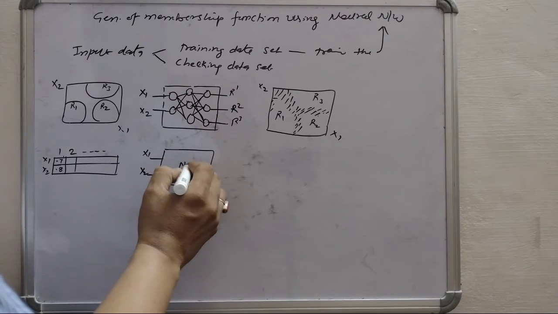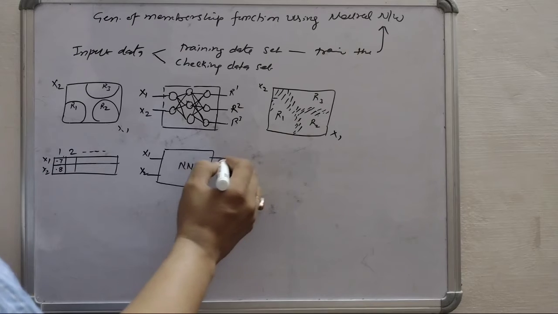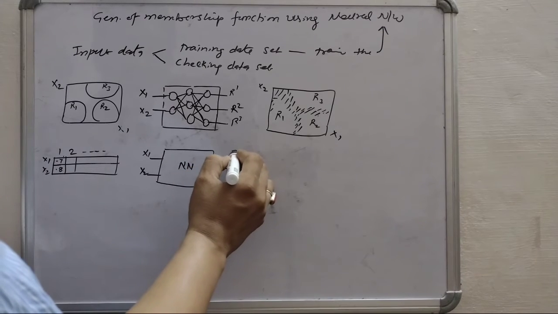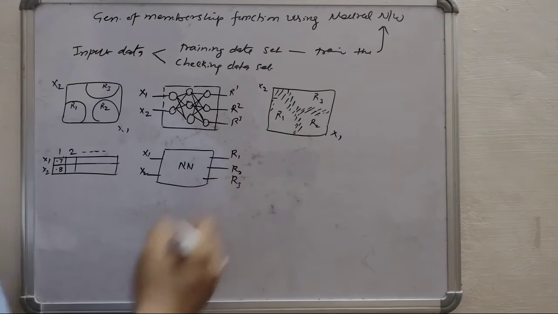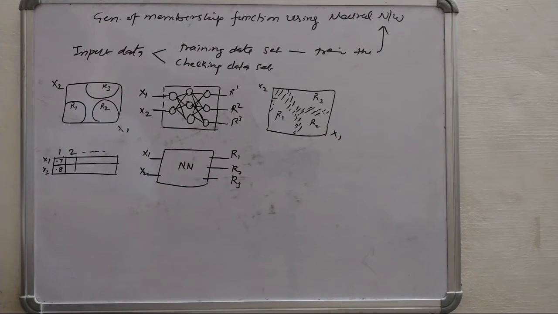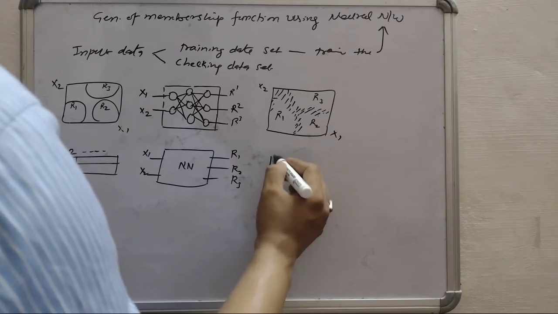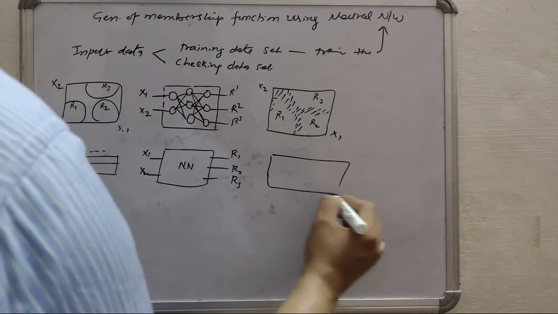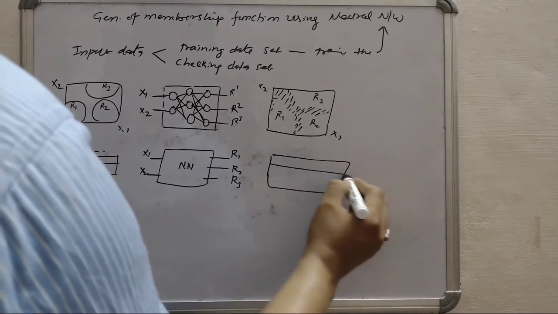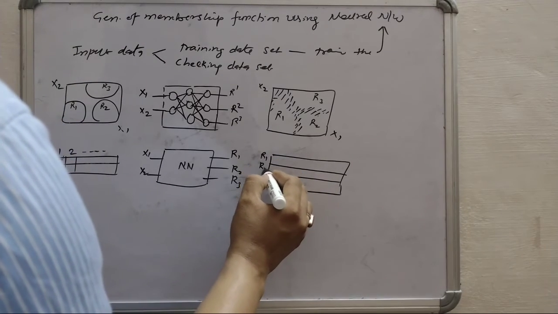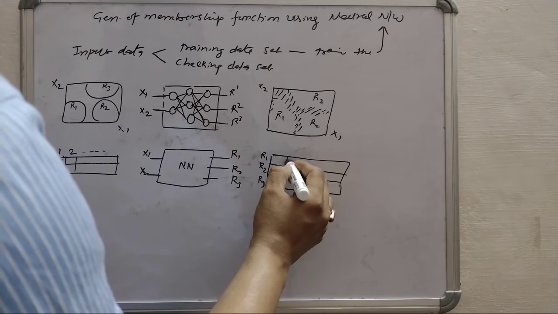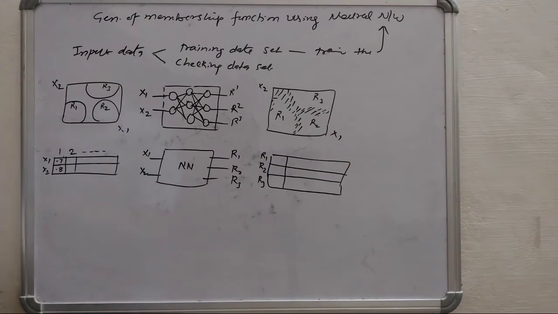It gives you three outputs: R1, R2 and R3. These three outputs are represented like this. This is for the first data.